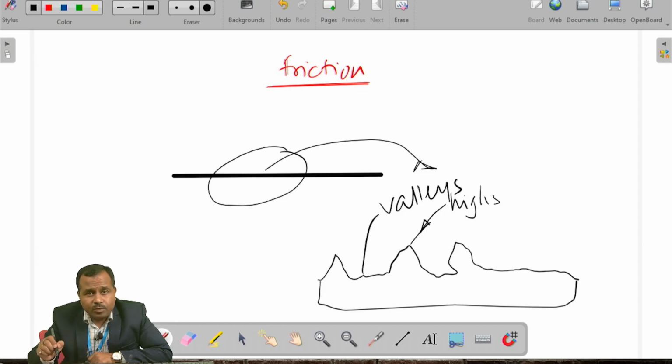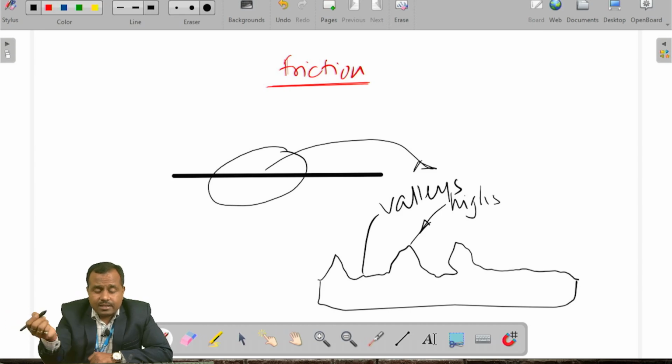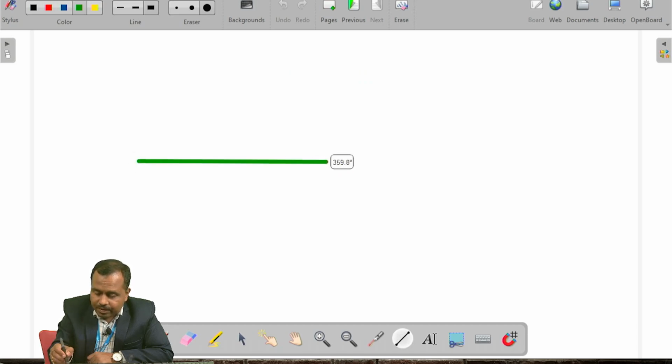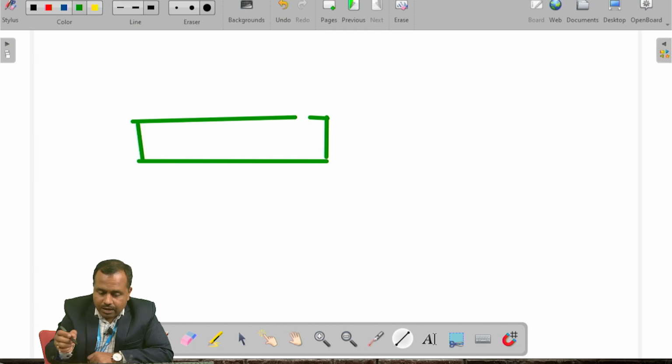If you assume that two objects are there, I will draw the two objects. Consider this is the object, and one more object is there. Both are sliding on each other.